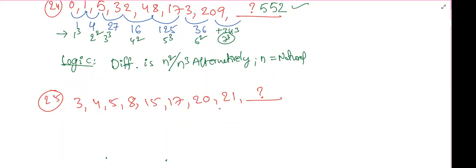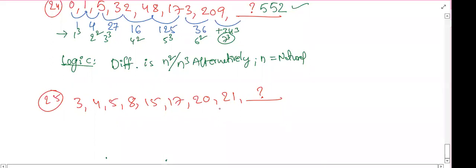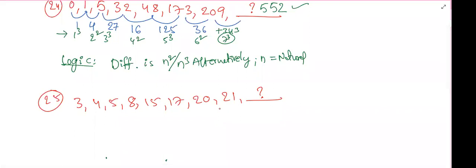Sir, I think I got it. Maybe tell your logic. I think the first three are plus one, and then suddenly plus two, I mean plus three, and then plus 7, and then plus two, plus 3.